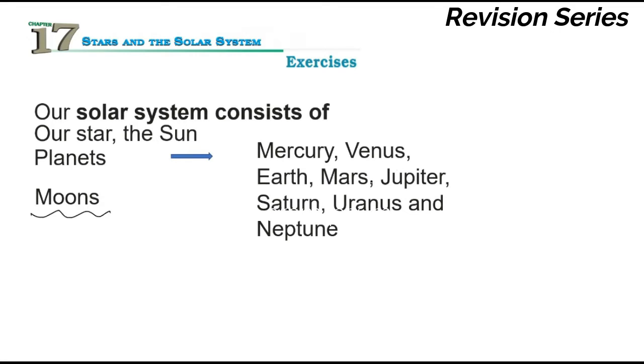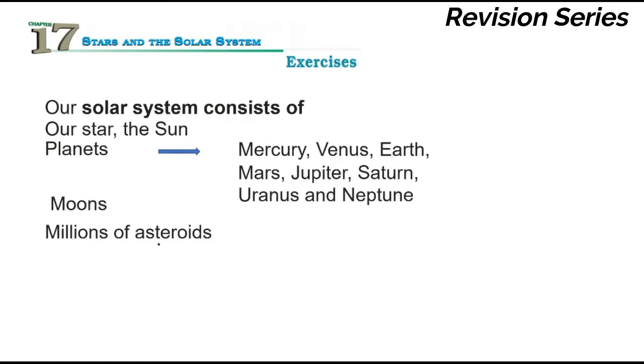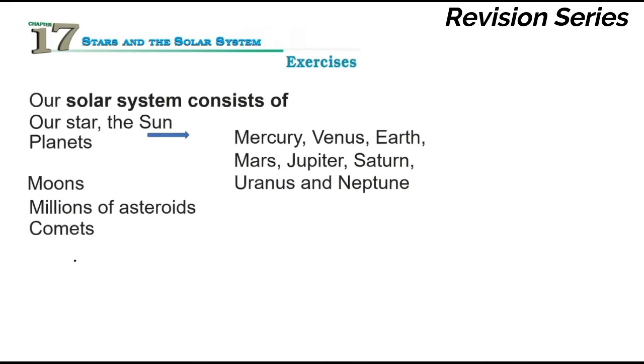And then we have between Mars and Jupiter millions of rocky objects called asteroids, and then objects which are frozen and icy, which come from far away and have a very large orbit to revolve around the sun, which are called comets.